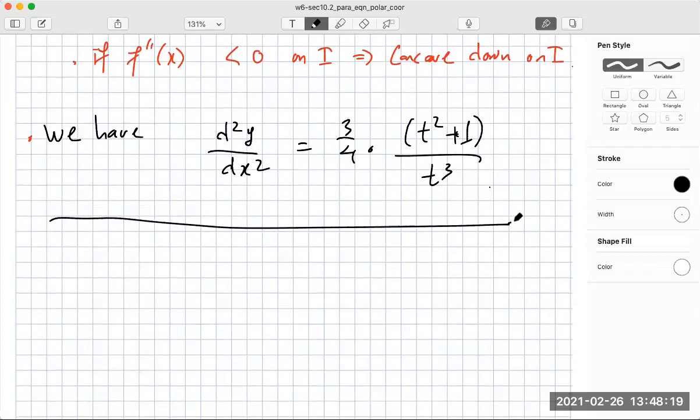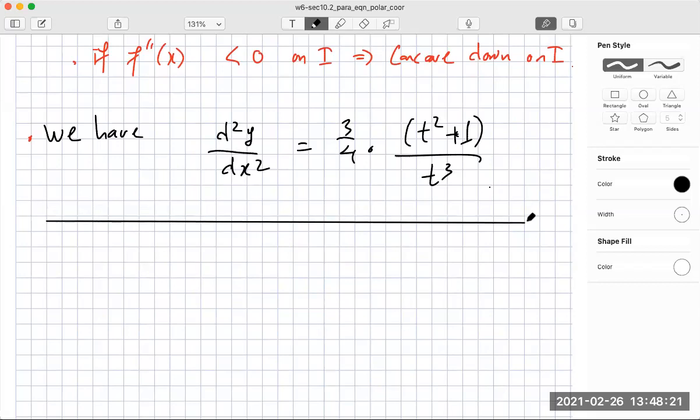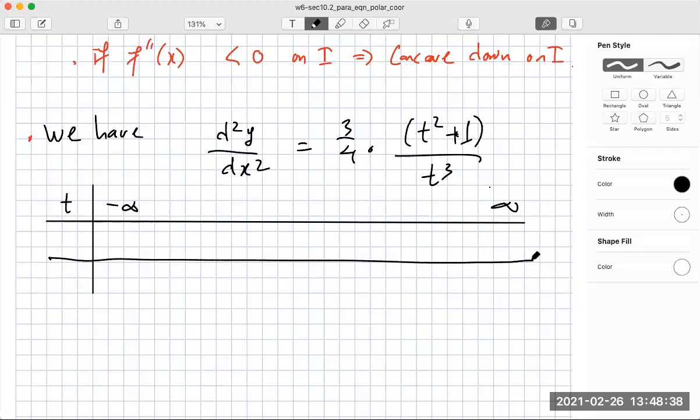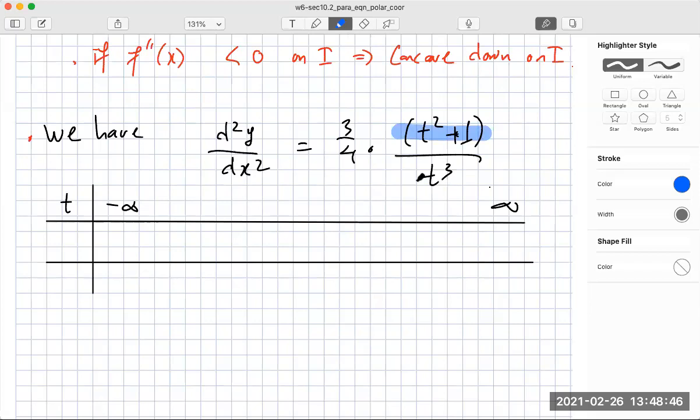So let us consider the values of t, right? And t has values from negative infinity to infinity. And we want to study this second derivative. Look at this: this fraction is a quotient of two functions. The first one is a quadratic function, and the second one is a cubic function, right?